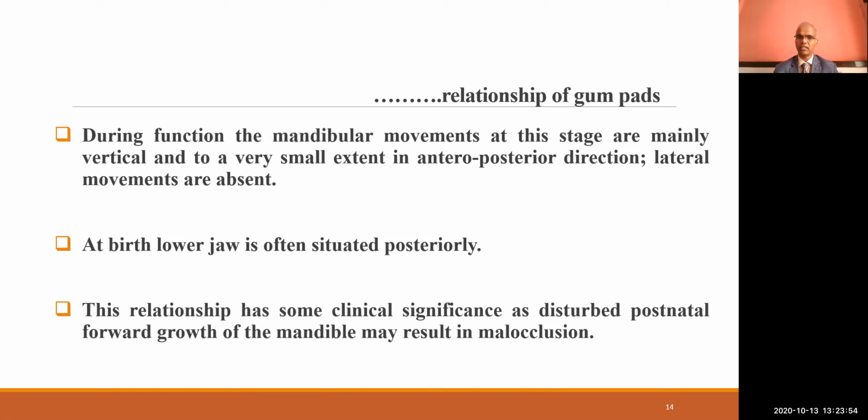At birth, the lower jaw is often situated posteriorly, and this relationship has clinical significance because of the retrognathic mandible: if any postnatal disturbances occur in the forward growth of the mandible, it may lead to the development of malocclusion, meaning Class 2 malocclusion. Also, the infantile open bite will convert into the mature swallow after the eruption of permanent incisors.